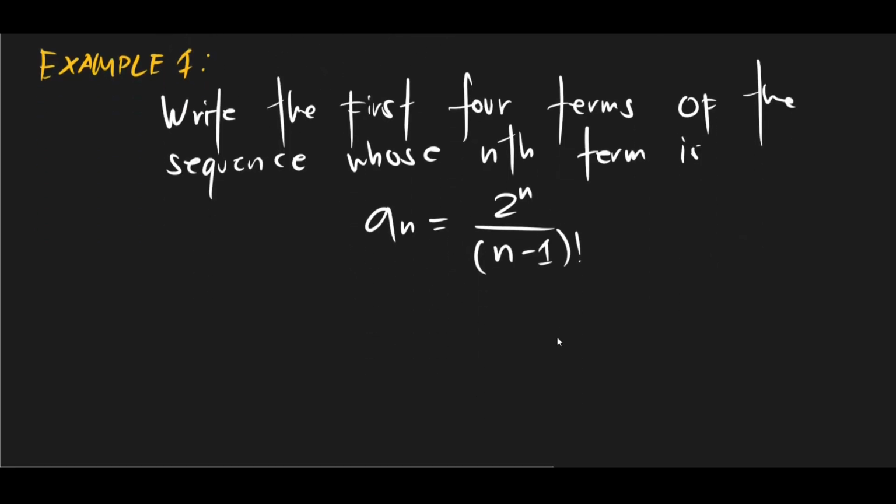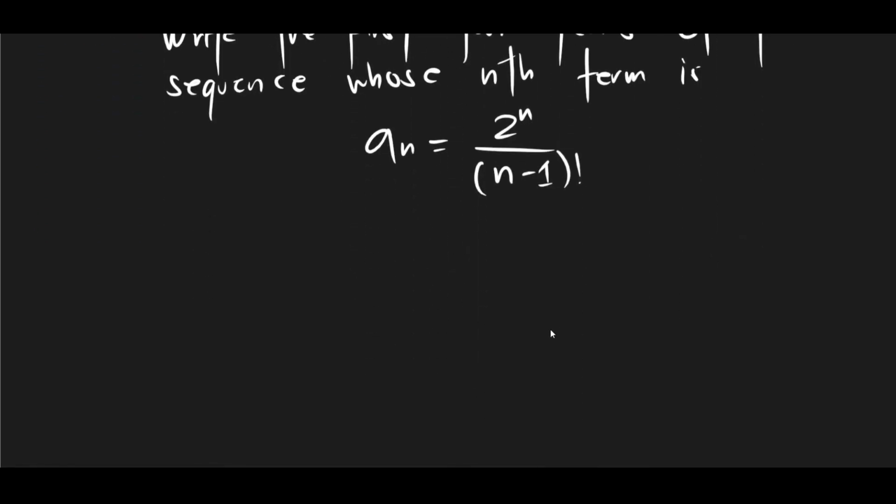There you have the factorial symbol. It asks us to generate the first 4, so let's do just that. So write our solution here.